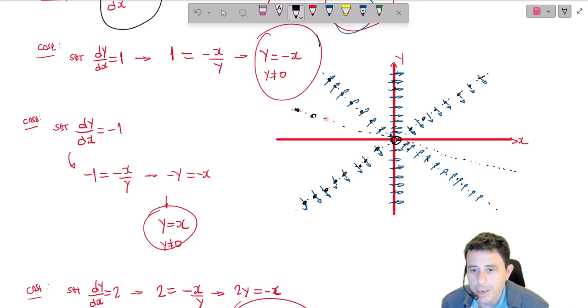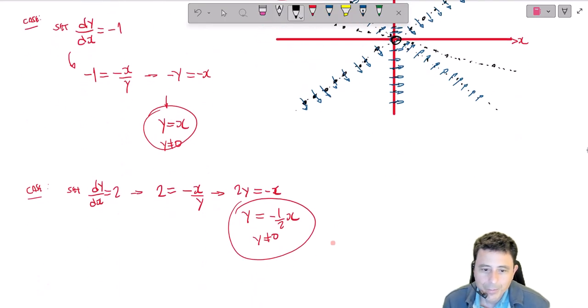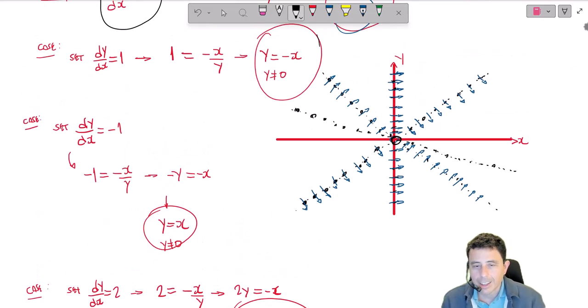So what is happening at those points? Well, at those points, the derivative is 2. The derivative 2 means that the slopes are very inclined upward, right? Positive 2. The derivative is positive 2. So it's very inclined.